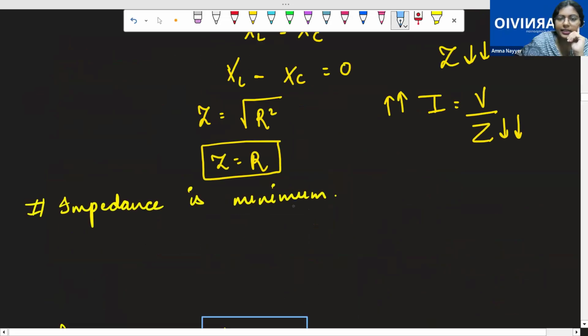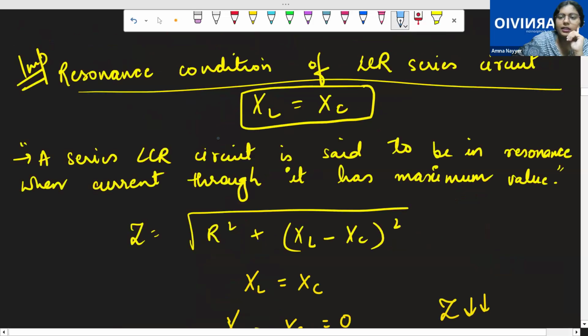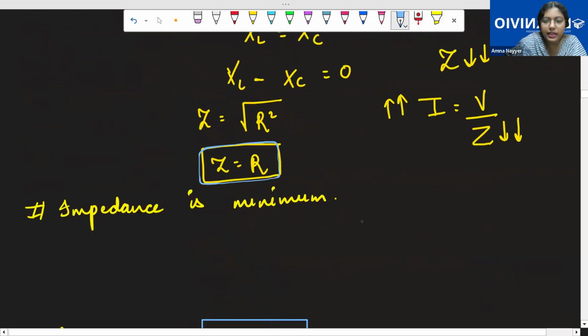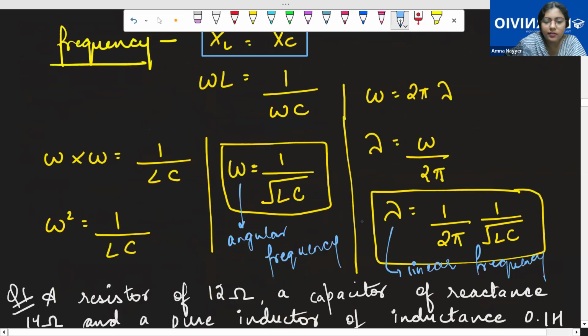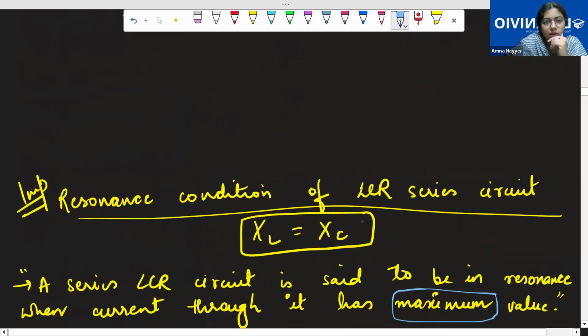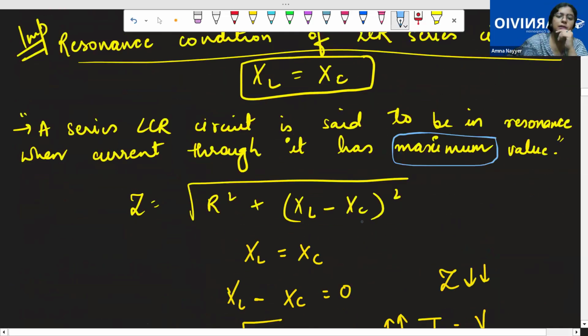And in this case, Z is equal to R. This part also you need to remember. And along with this, you have to remember that the current in the circuit will be maximum. These three things constitute your resonance. And this derivation of the frequency often comes in the exam to write. So am I clear till here to all? Yes, ma'am. Okay, from this resonance condition, please start writing.